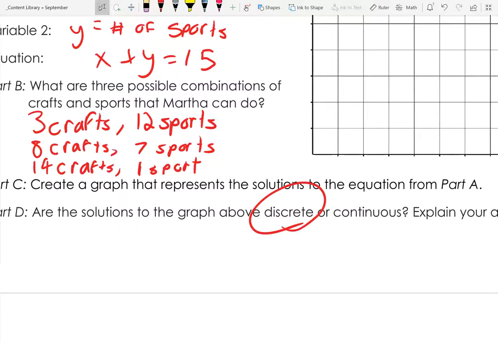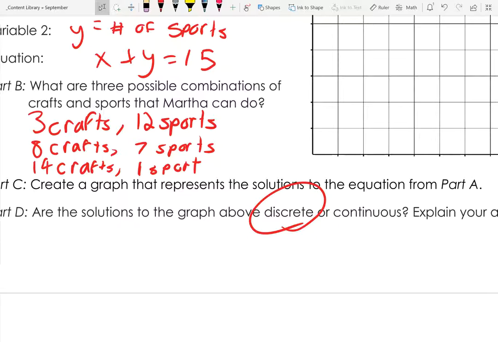You're only going to use whole numbers. You're not going to say, I'm going to do 8.7 crafts today and 6.3 sports. You don't do that. You're just counting these activities. So it's discrete because you can't have decimals for it.